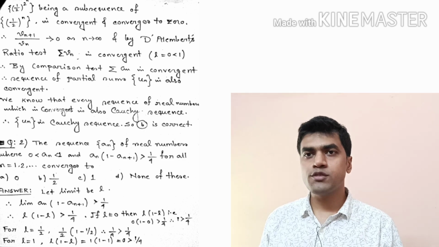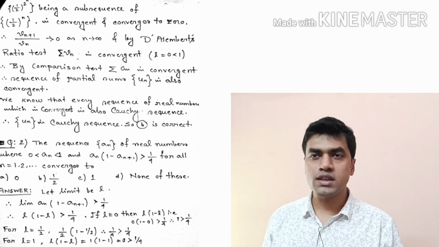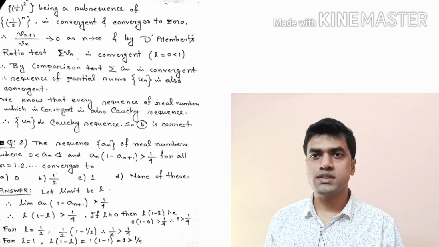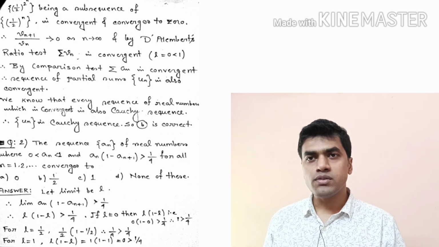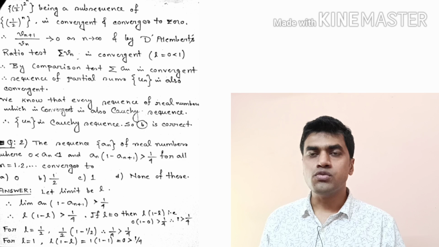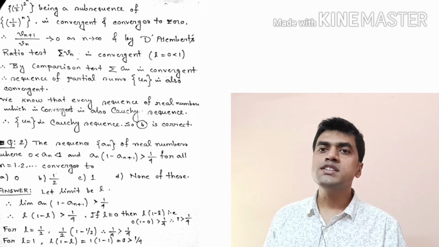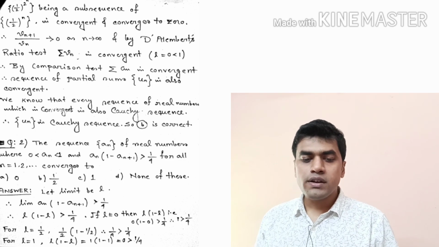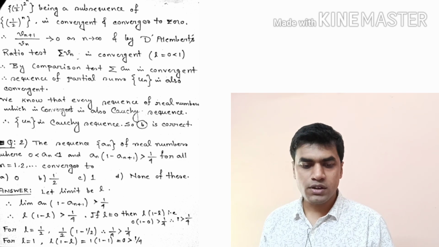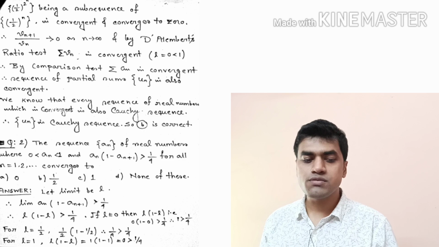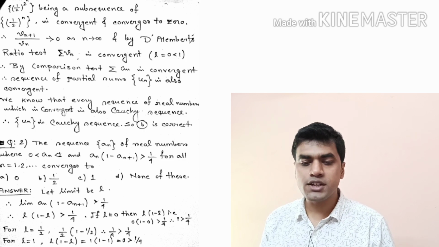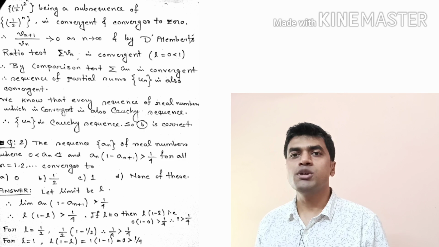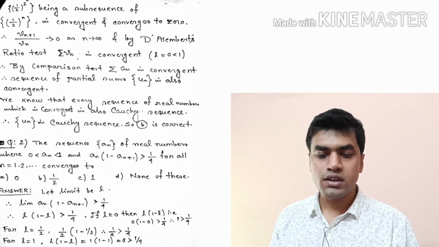And we all know that for any convergent sequence, all its subsequences possess the same limit which the original sequence takes. Now half to the power n is a sequence converging to 0, therefore Vn plus 1 by Vn tends to 0 as n tends to infinity, and by D'Alembert's ratio test, obviously summation Vn is convergent.